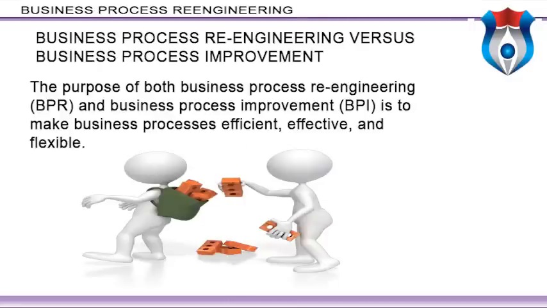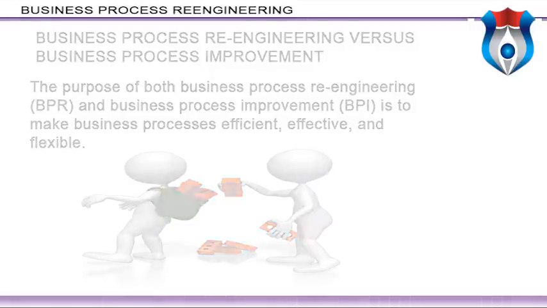The purpose of both business process re-engineering BPR and business process improvement BPI is to make business processes efficient, effective and flexible. The BPI is an incremental approach of process improvement, while BPR is used to dramatically improve business performance through customer service improvement, defect reduction and resource minimization.